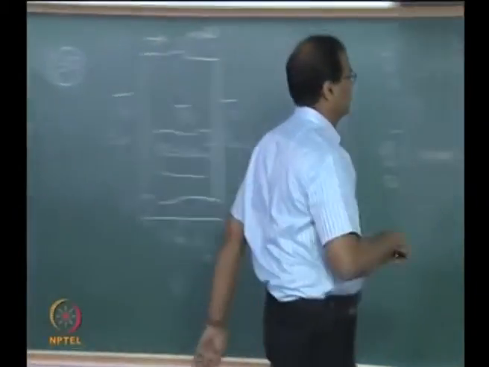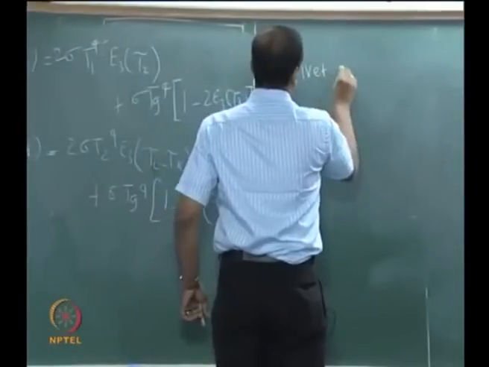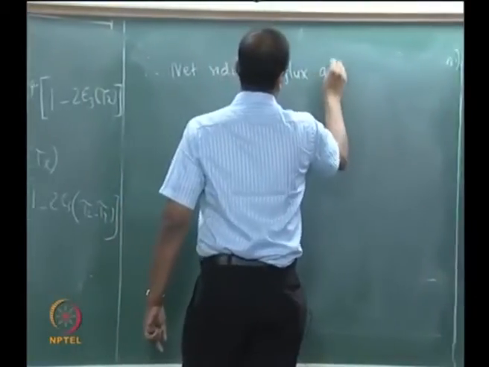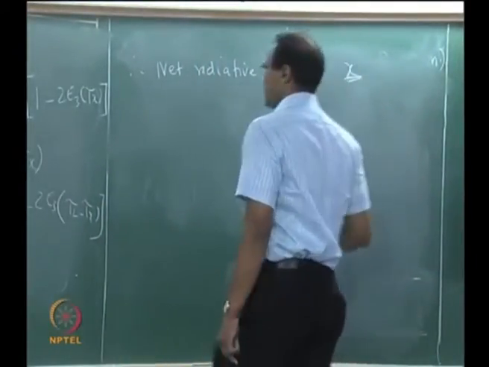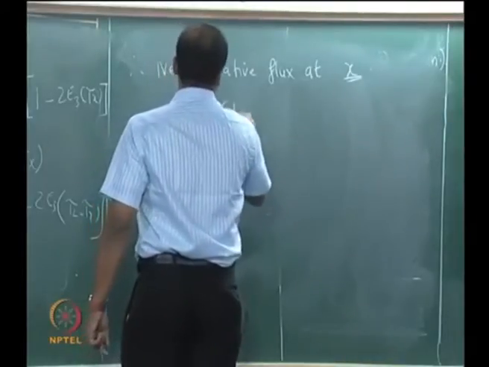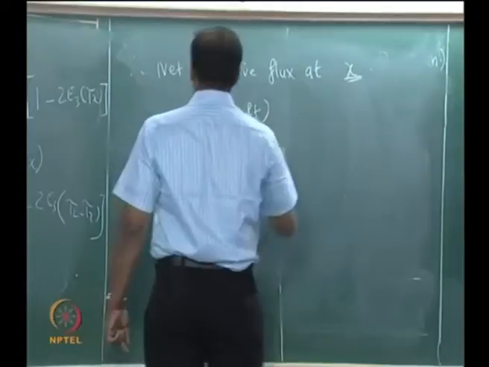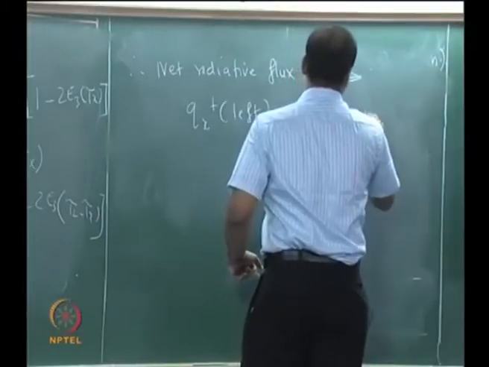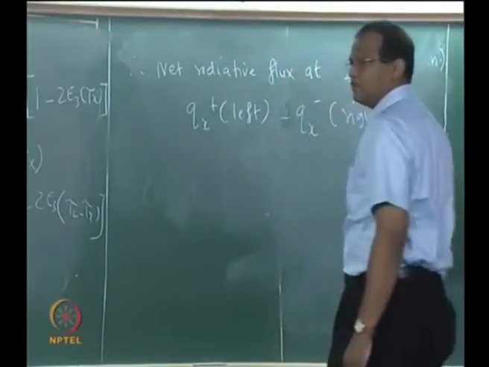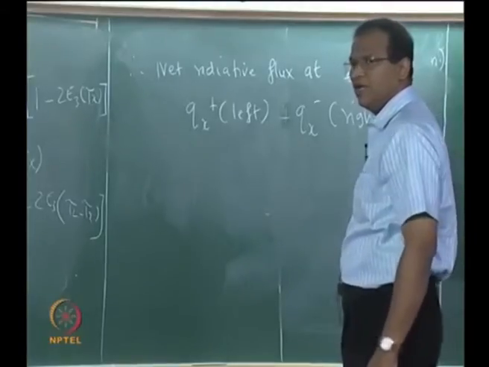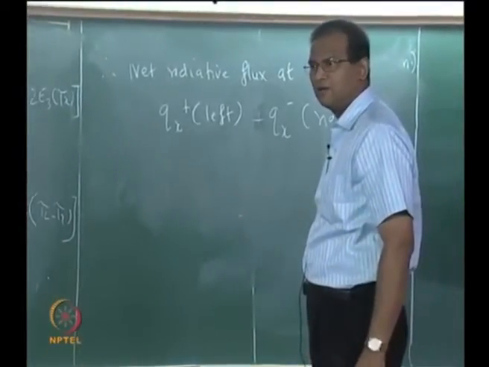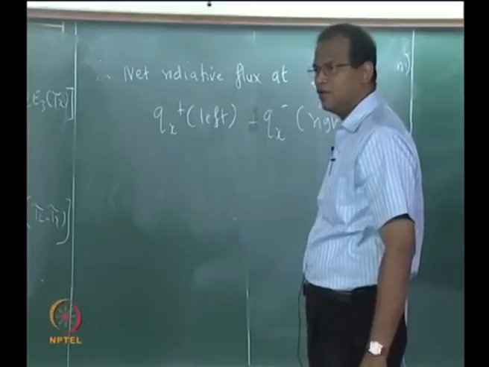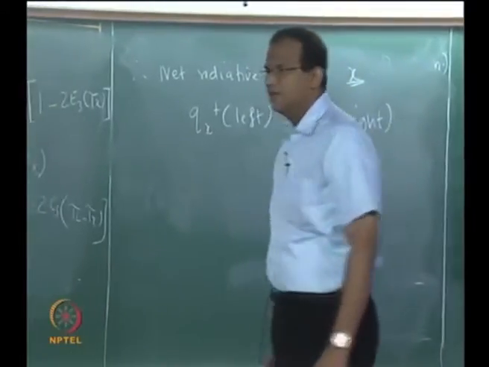So net flux at x. Now shall we use a small tau approximation? You want to see the chart? Okay, yeah, then proceed.